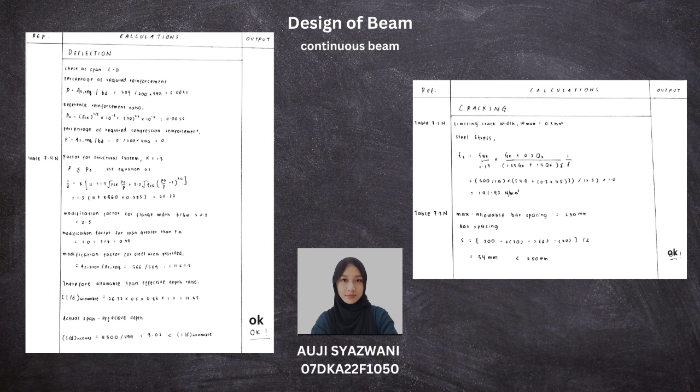Using table 7.4n, we found that the actual span to depth ratio of 9.02 is well within the allowable limit of 12.85. This result confirmed that the beam's depth is adequate to prevent excessive deflection, ensuring a stable and reliable structure. For cracking, I aim to keep the maximum crack width below the limit of 0.3 mm to ensure the durability.